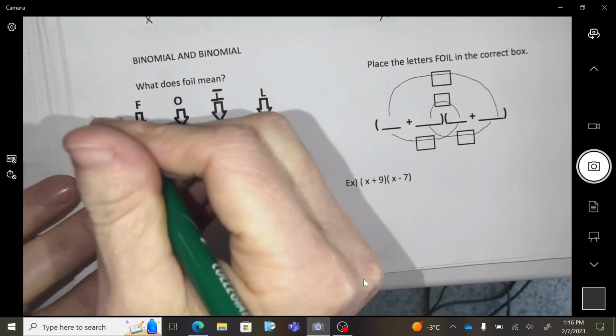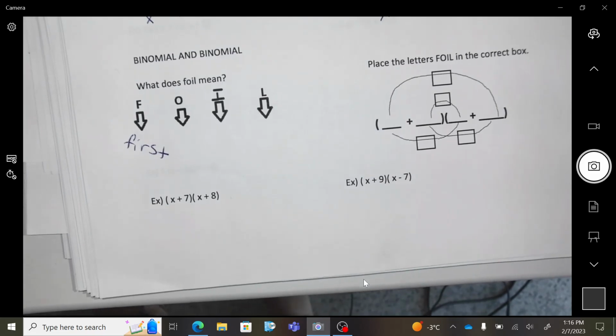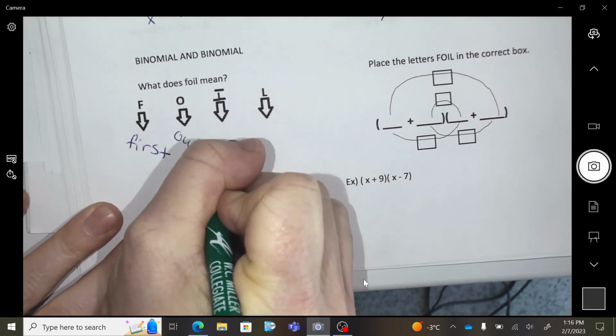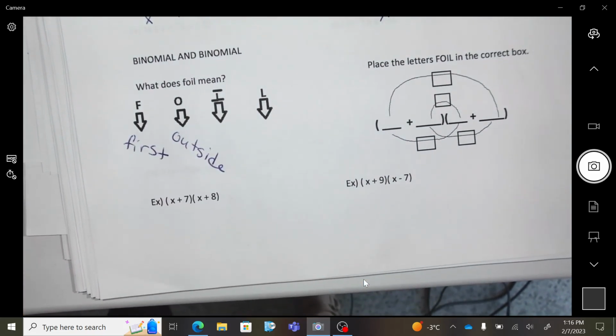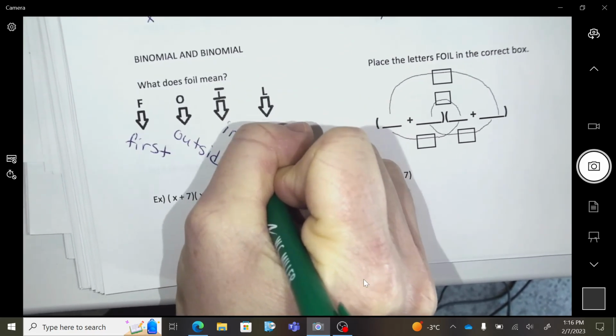Okay, so that stands for this. First. Then it stands for outside. Then it stands for, what do you think? Inside.